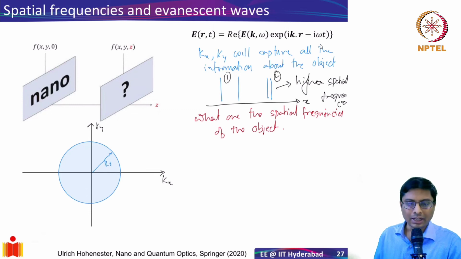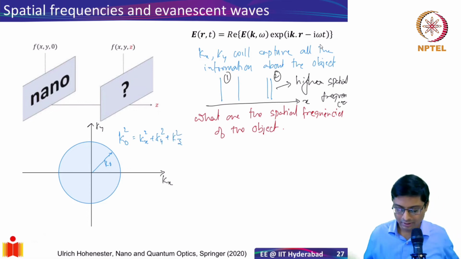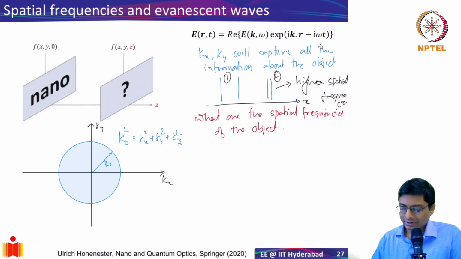I've already said that this is a vector addition, right? k0 squared equals kx squared plus ky squared plus kz squared, in 3 dimensions. Okay, so now the question is, what happens?